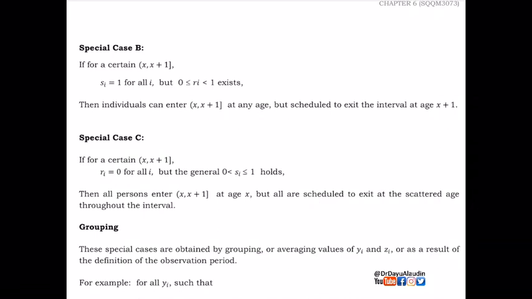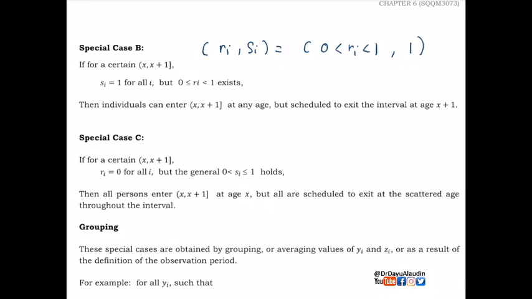For special case B, RI is 0, and SI is between 0 and 1 when ZI happens between the interval, and SI is 1 when ZI is greater or equal to x plus 1.